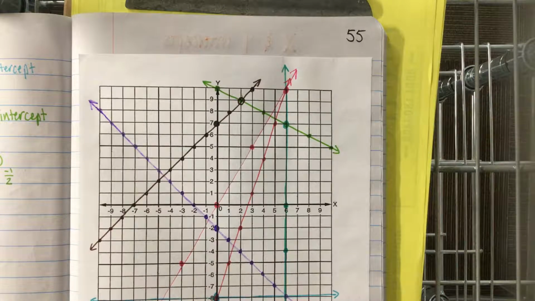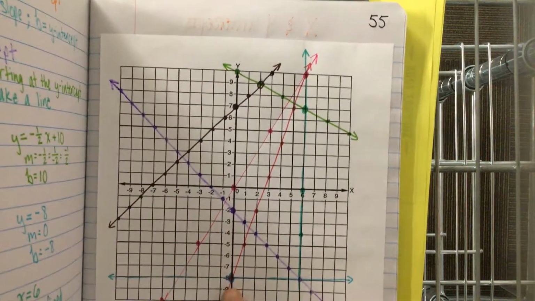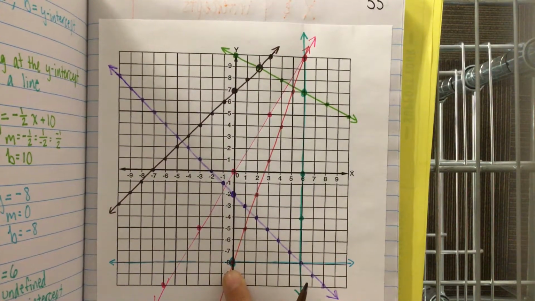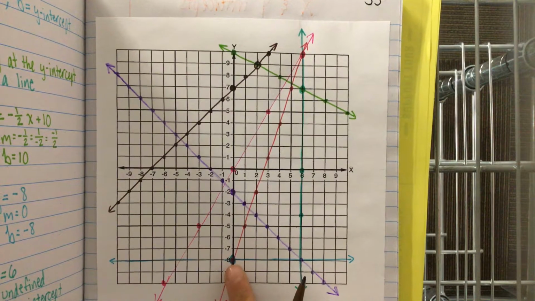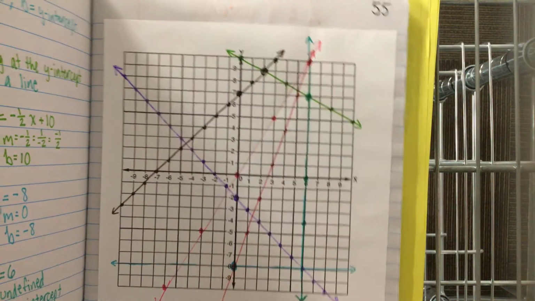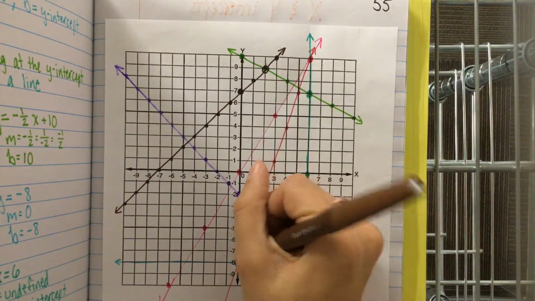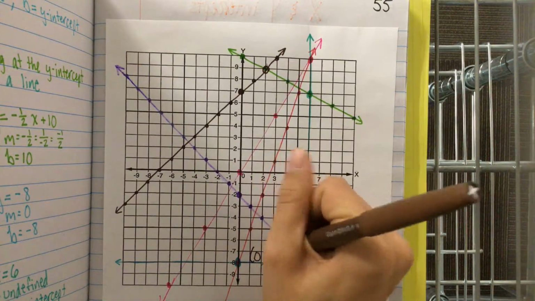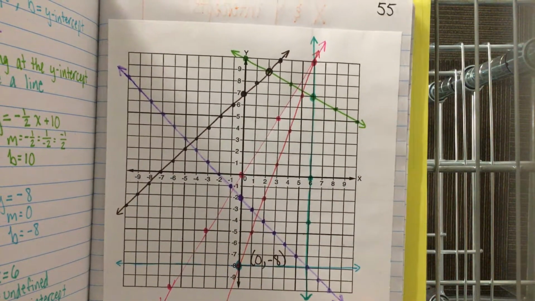And let's look at some of the intercepts that we have. What's one of the intercepts that we have? Let's look at a y-intercept first. The y-intercept at -8. What's the coordinate pair for this point? 0, -8.